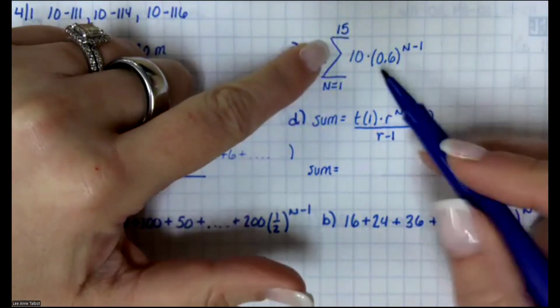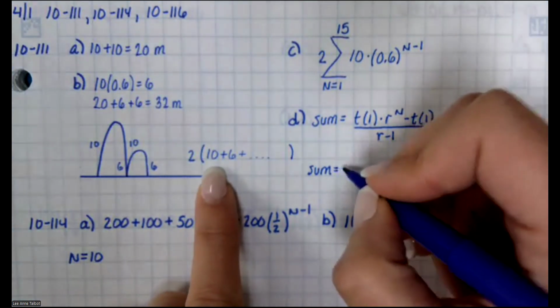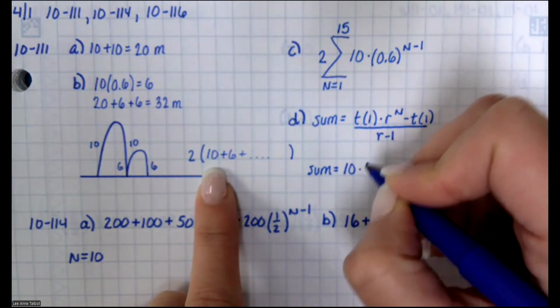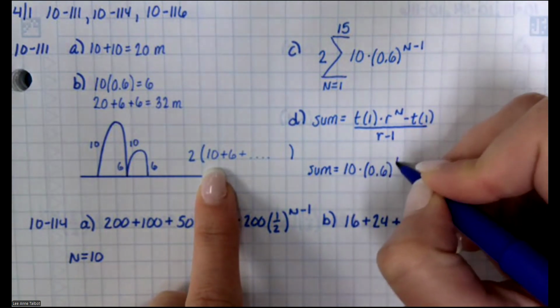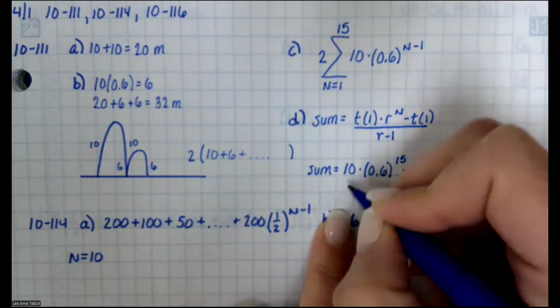Okay, ignoring the 2 for a moment, what's the first term? 10. Multiplier is 0.6. 15 terms. Minus 10.